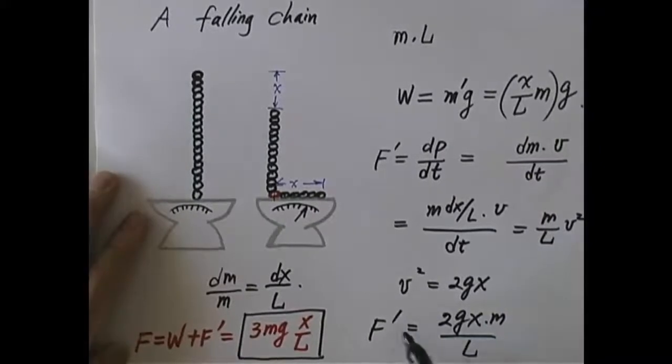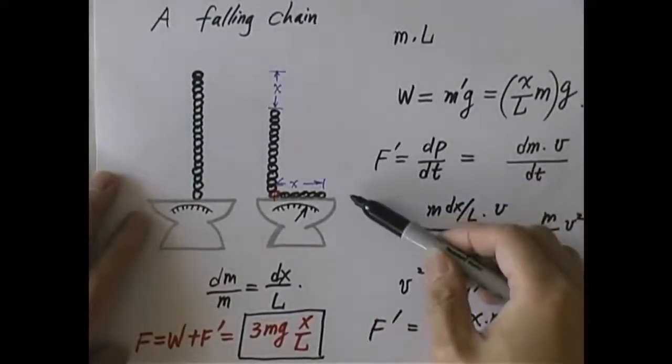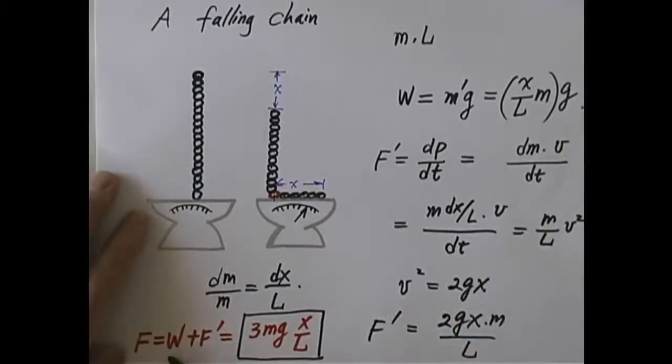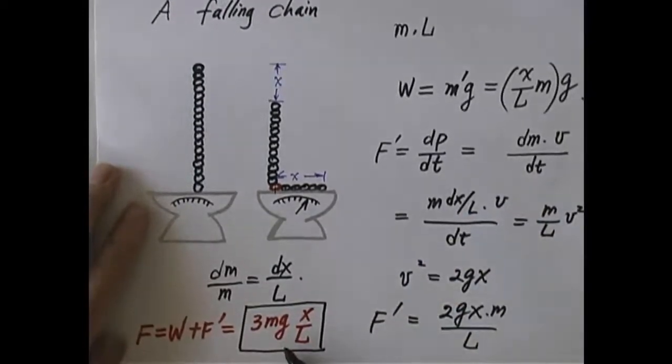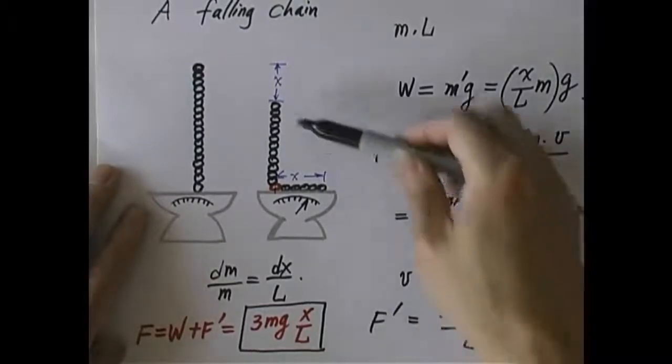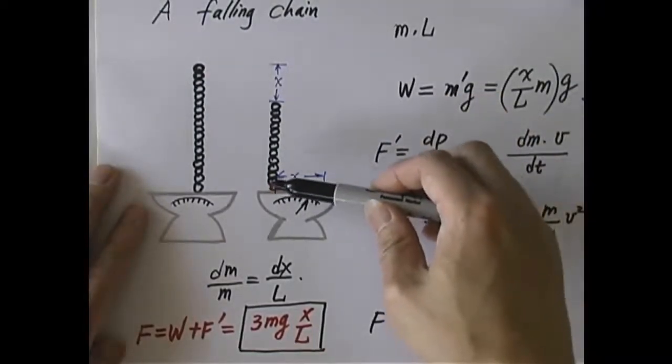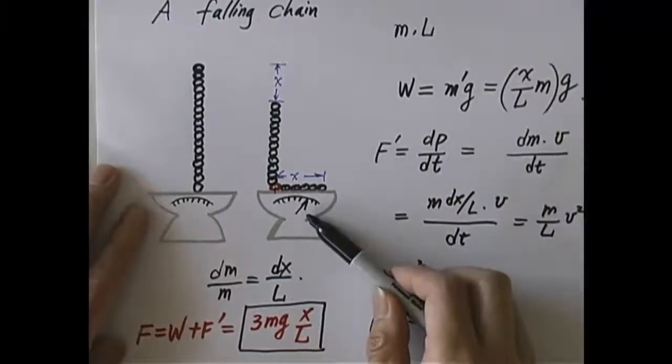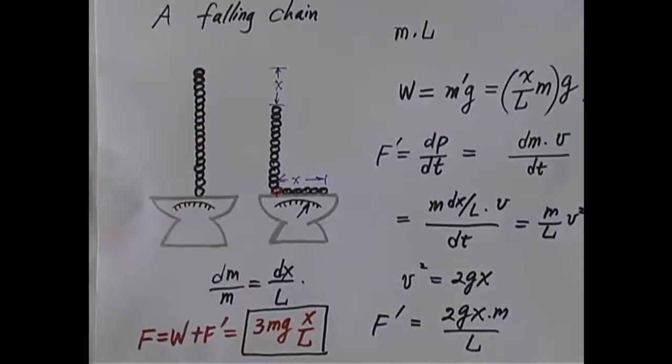In fact, f prime turns out to be always twice the weight of the chain that's already there. You add f prime and W together, you get 3mgx over L. That means when the entire chain has fallen onto the scale, at that very moment the scale has to support 3 times the weight of the chain. And that is really remarkable.